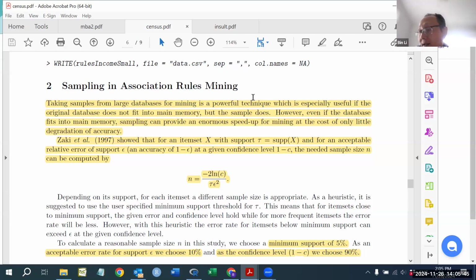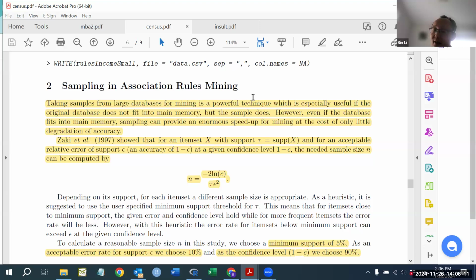These are huge data sets, and there's no way we can run this on a personal computer. Even on a supercomputer, because of the large sample size and high dimensions, the computational efficiency is very low. It takes hours or days to find all these rules.